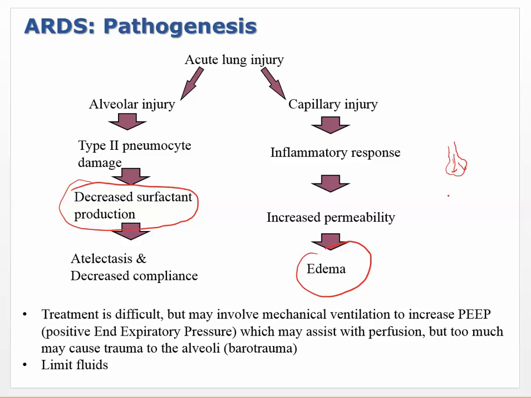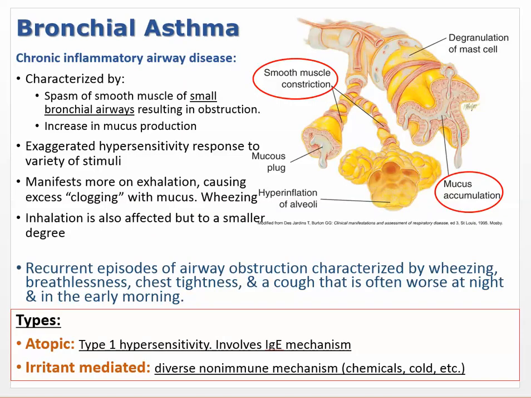You increase the partial pressure inside there, but too much, you can pop it. You can cause trauma to it, so barotrauma. If you increase that pressure too much, you can cause damage in that way, so it has to be pretty carefully calibrated. And I've also seen limit fluids, which makes sense because you've got a buildup of fluid. So that could also be applied.